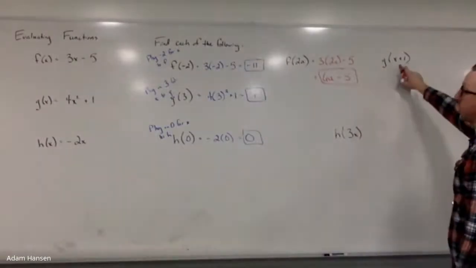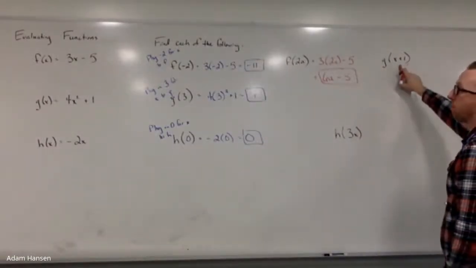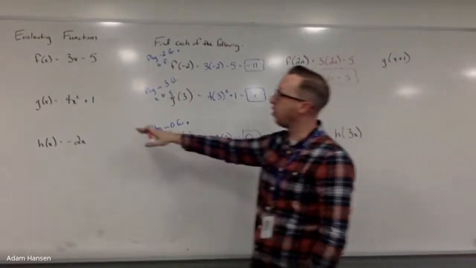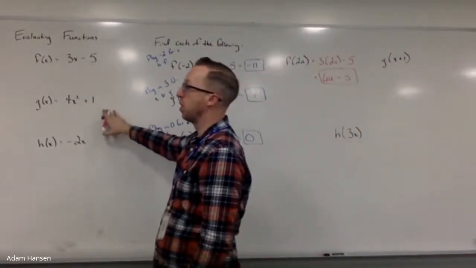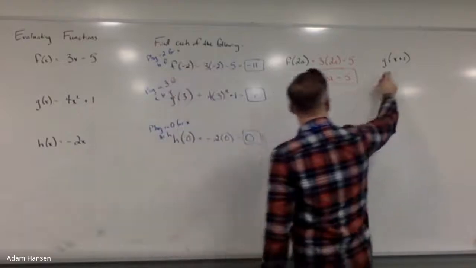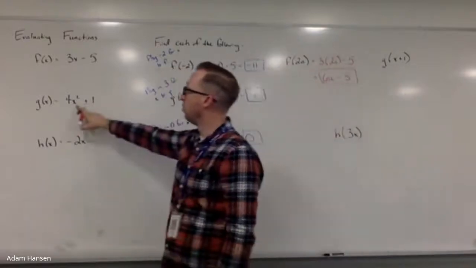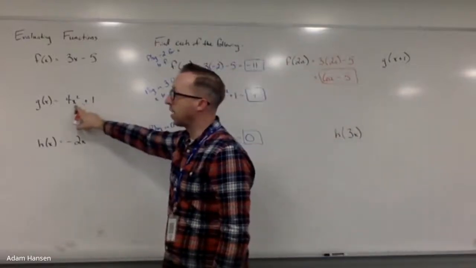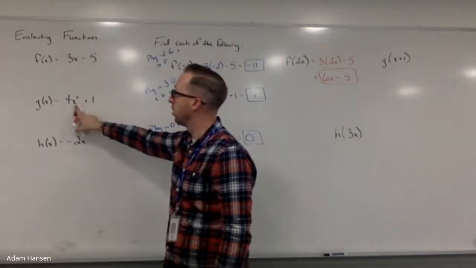Let's try g of x plus 1. Now we're going to reference function g over here, which is 4x squared plus 1. I'm going to substitute in x plus 1 for x. Plug in x plus 1 to this variable here.